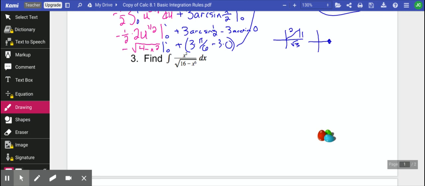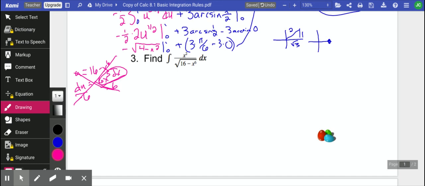If we were to do a u substitution, we would probably make u 16 minus x to the 6, which would make du negative 6x to the 5th, and we would divide both sides by negative 6. Now, I do not have an x to the 5th in the problem. All I have is an x squared. So u substitution is not going to work.